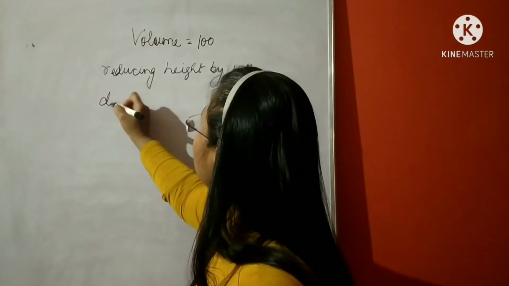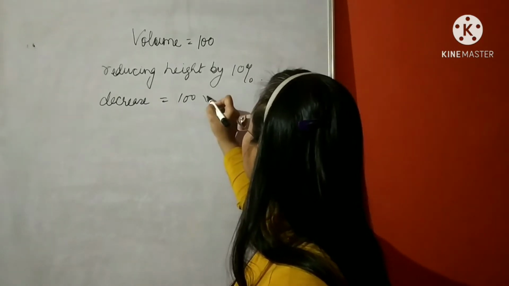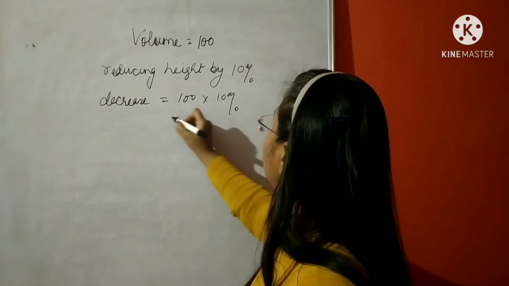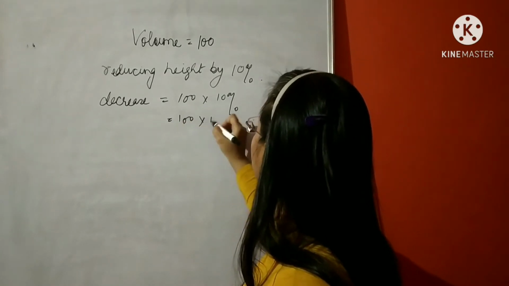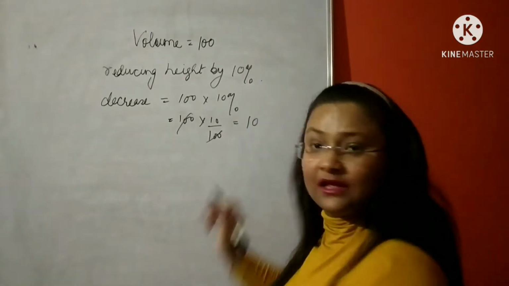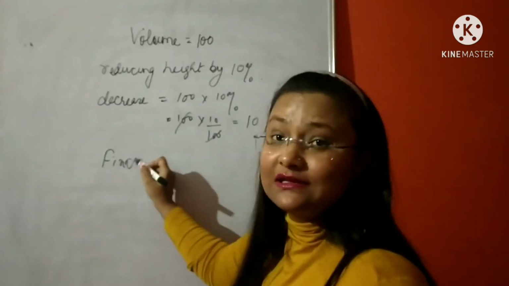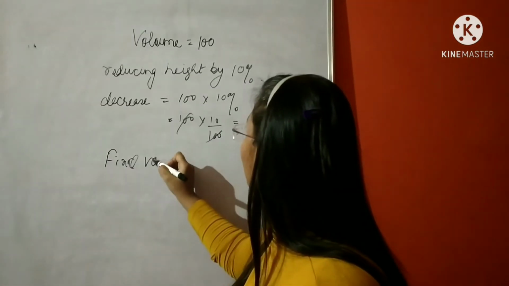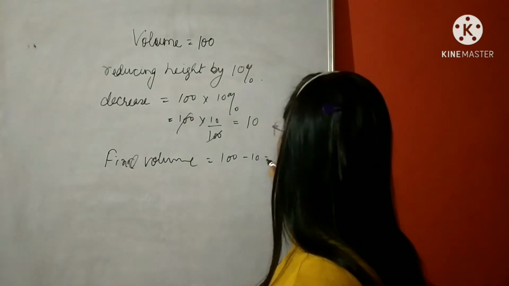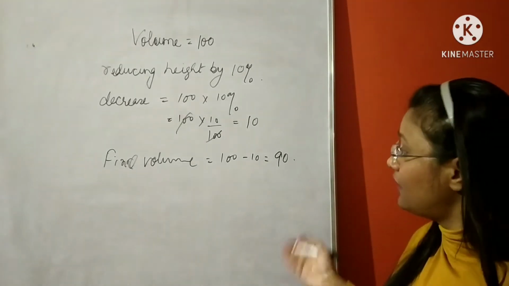So a decrease will be calculated like this: 100 into 10%, which will be 100 into 10 by 100. So the decrease is 10. Because this is a decrease, not an increase, the final volume here will be 100 minus 10, which is equal to 90. So that's how we can solve these questions.